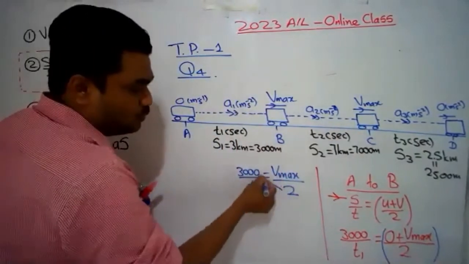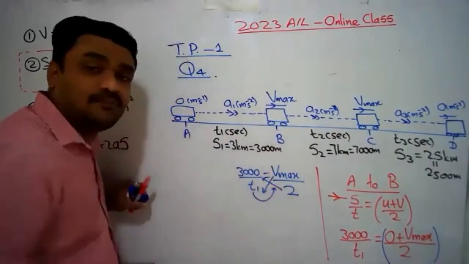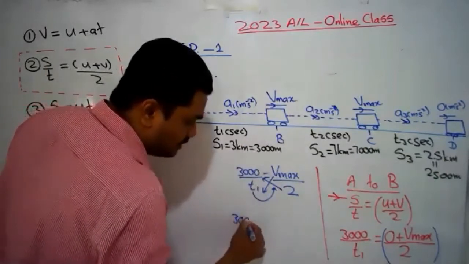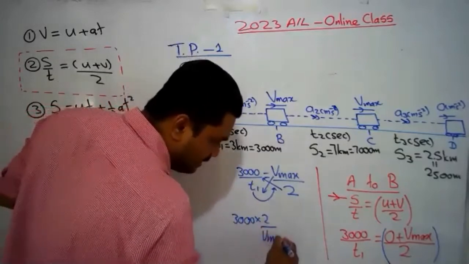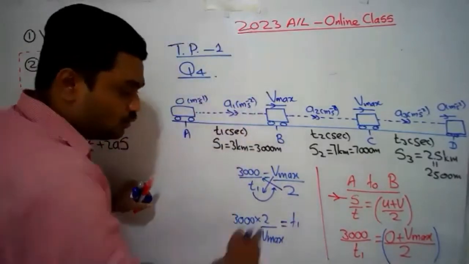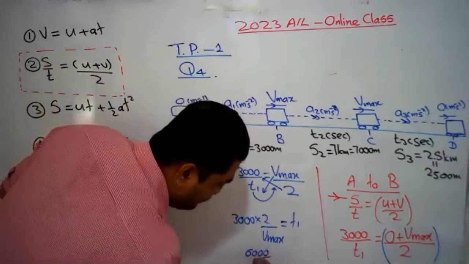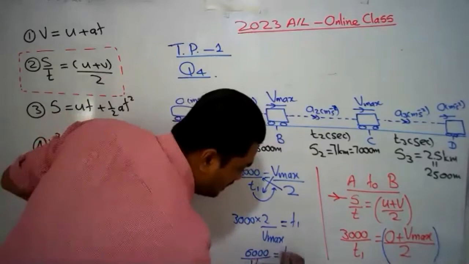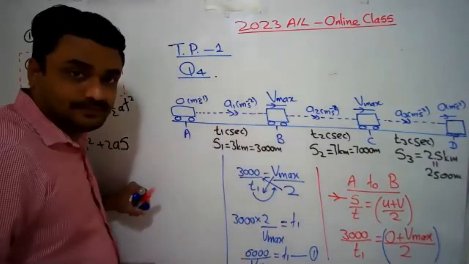After that, I take 2 to this side, Vmax to this side, and T1 to the other side by using cross multiplication. 3000 into 2, that is 6000. Finally, we get 6000 divided by Vmax equals T1. This is our first equation.